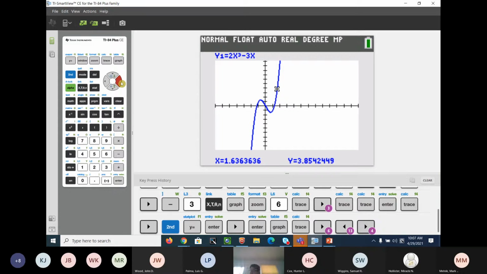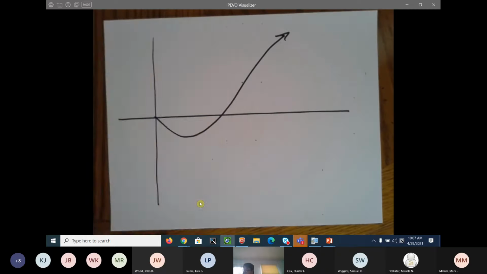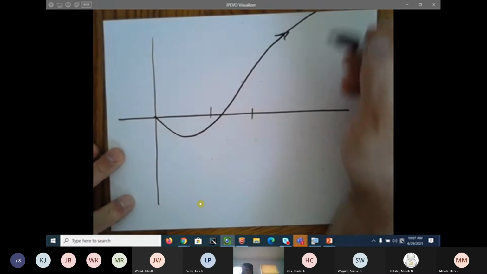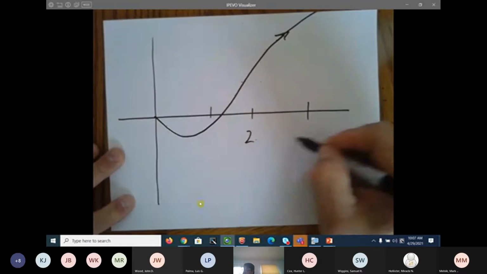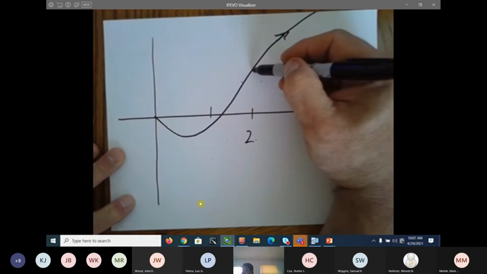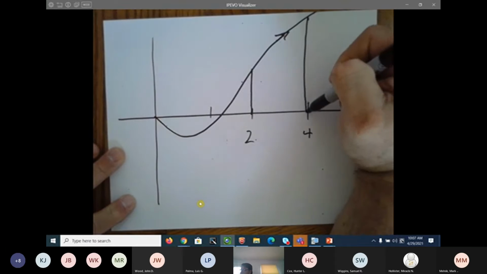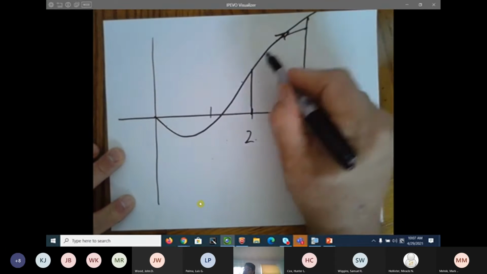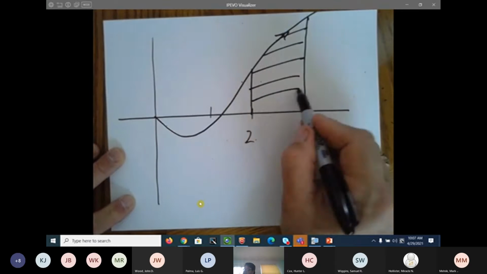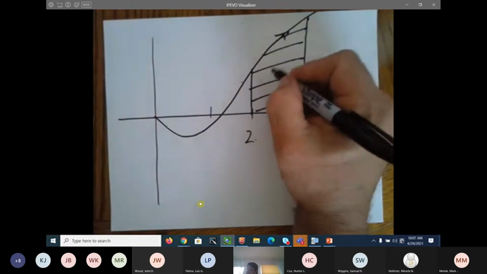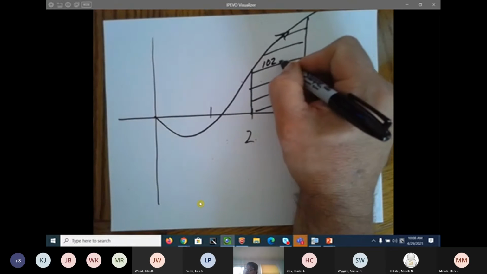So 2 is going to be right in here somewhere. So let's say that's 1, that's 2, and that's 4. So we just found the area under this curve, and that is 102 square units.